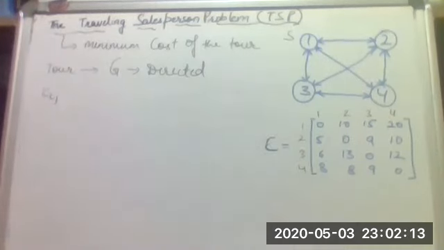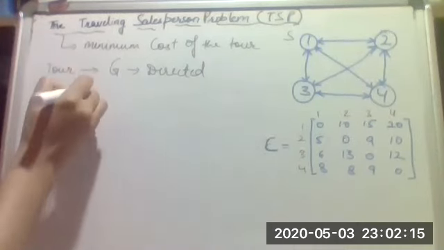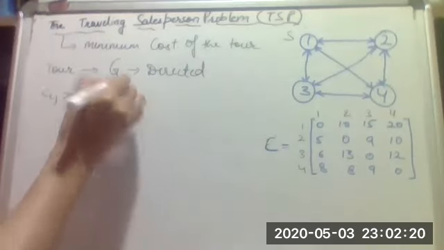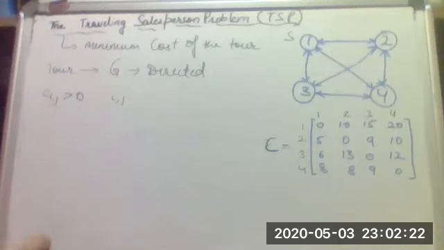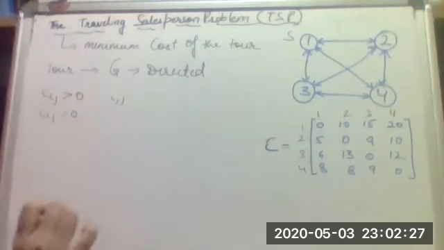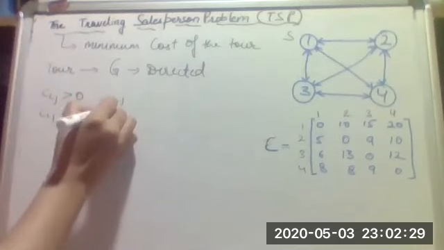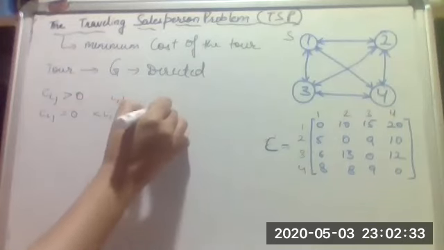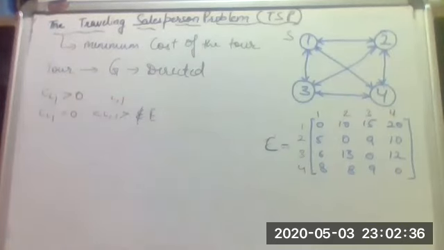Cij is greater than 0 if there is an edge from i to j, and Cij is equal to 0 if there is no edge ij.